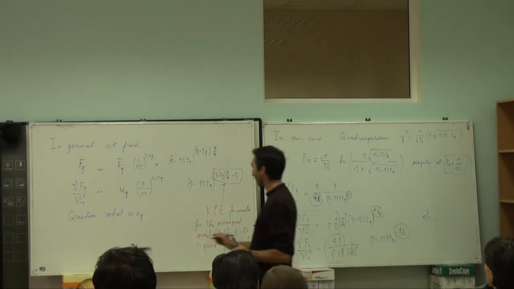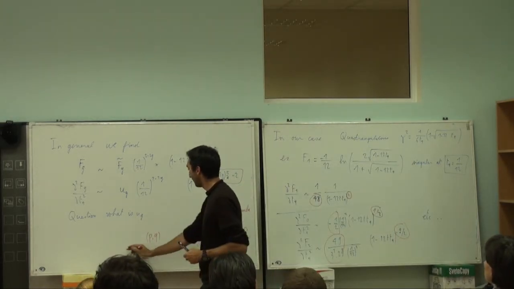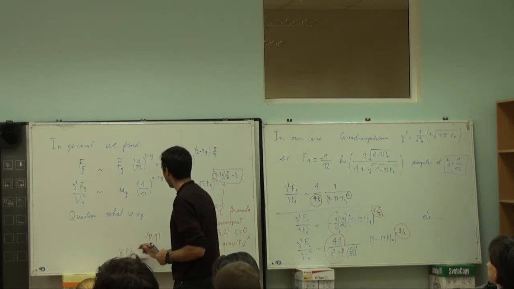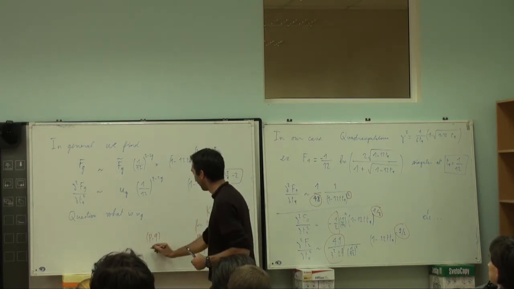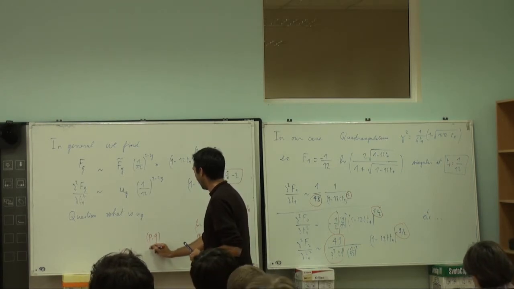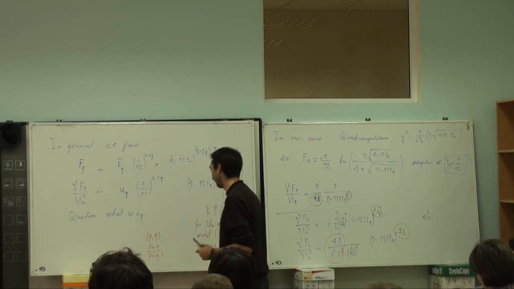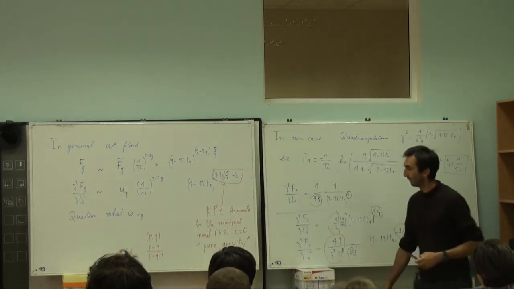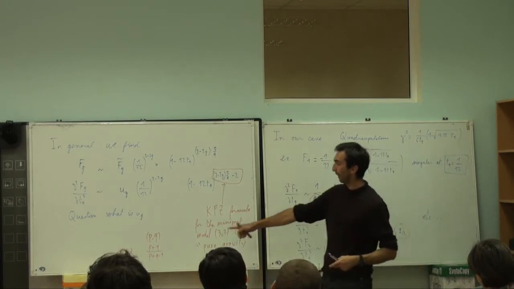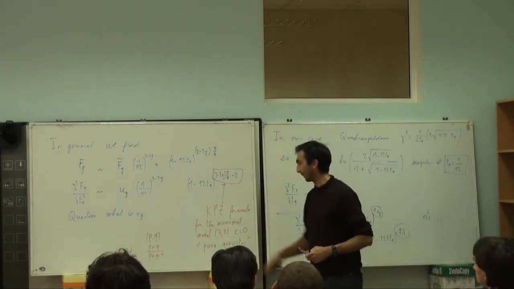And so in general, for a PQ minimal model, what replaces this 5/4 would be P plus Q over P plus Q minus 1 according to KPZ. And so in our case, this is 5 over 4, because this is the 3-2 minimal model.